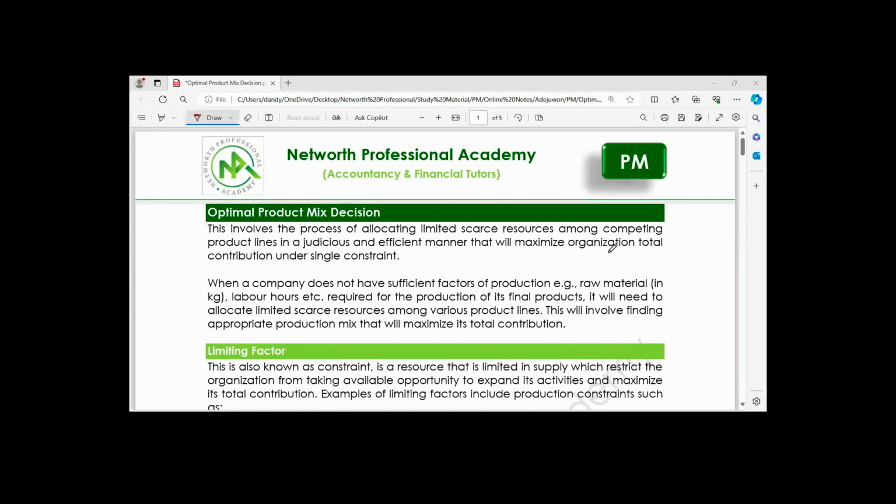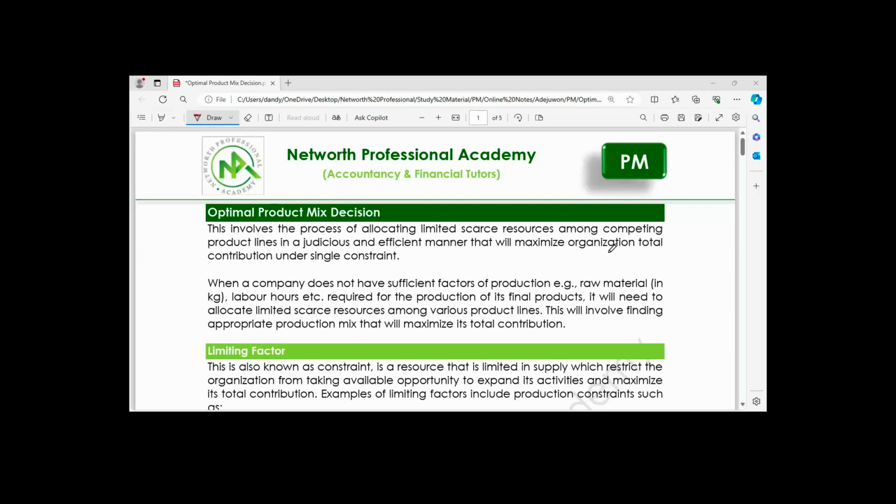Then the third one involves make or buy. Then the fourth one is optimal mix involving special order, because under each scenario, there are different ways of determining optimal production plan. So all of this is what we want to discuss today.